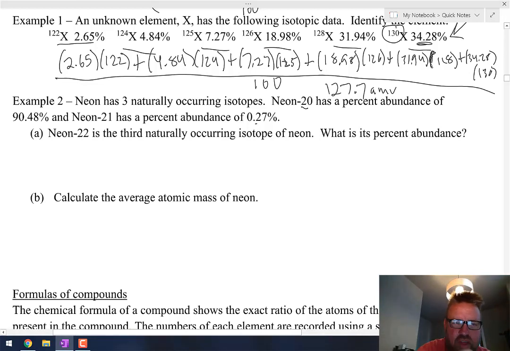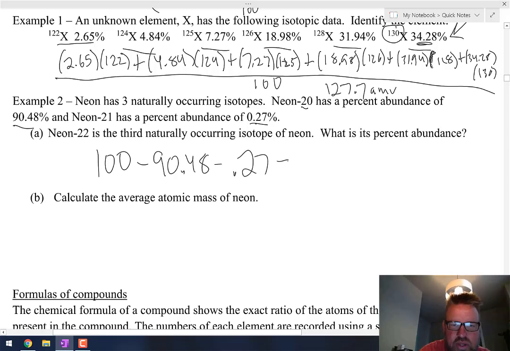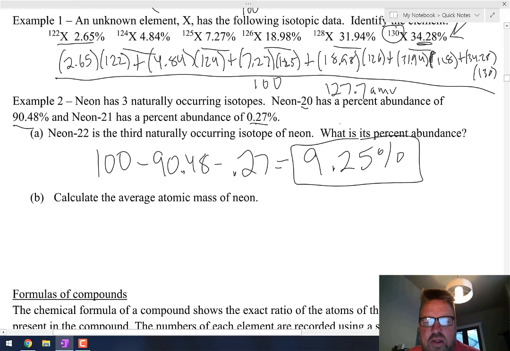Well, if we know 2 of them, and one of them's 90.48 and the other one's 0.27, I can just take 100 minus 90.48 minus 0.27. And that will give me an answer of 9.25%. So neon 22 has a percent abundance of 9.25%.